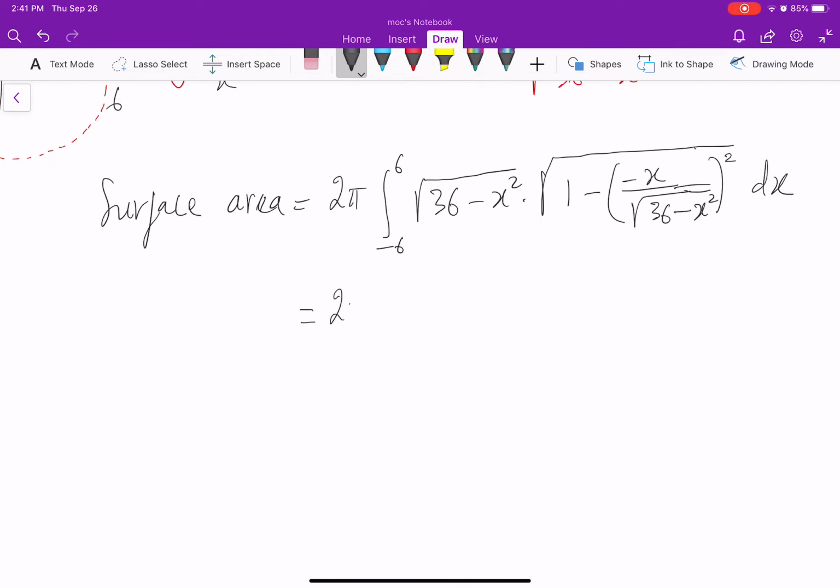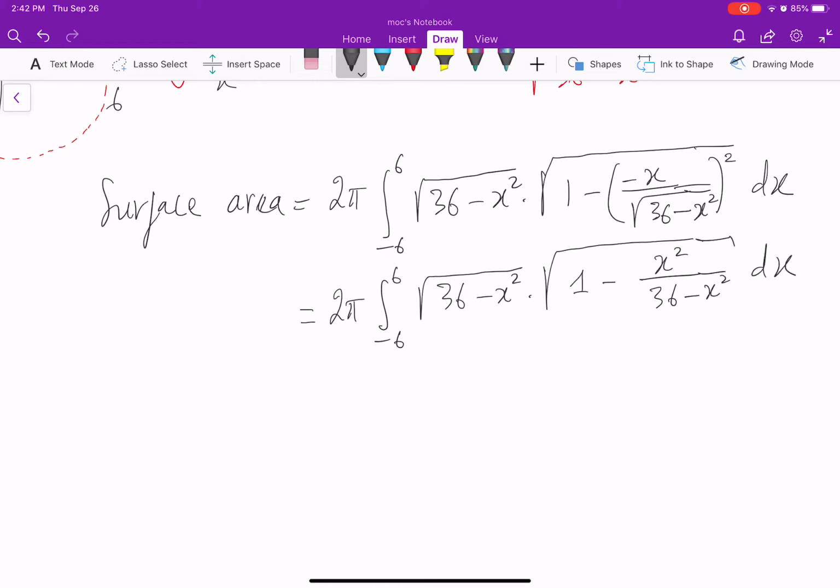That is 2 pi from -6 to 6 of the square root of 36 minus x squared, and inside the square root I have 1 minus x squared over 36 minus x squared, dx.